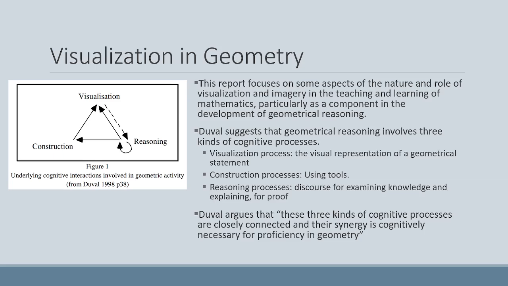And then lastly, there's the reasoning process, where there's some discourse for examining knowledge and explaining that knowledge, oftentimes which is used in proofs in geometry. And so Duvall argues that these are the three kinds of cognitive processes that are closely connected, and their synergy is cognitively necessary for proficiency in geometry.